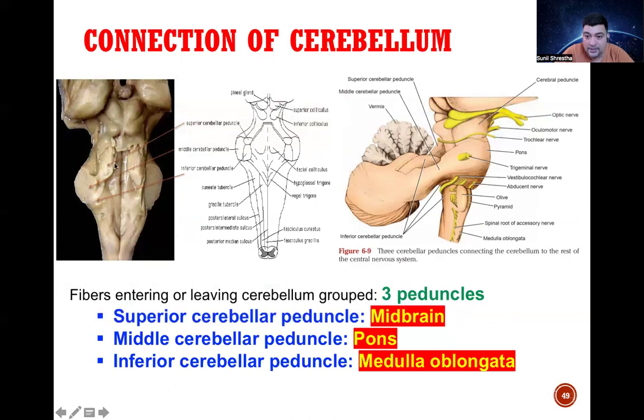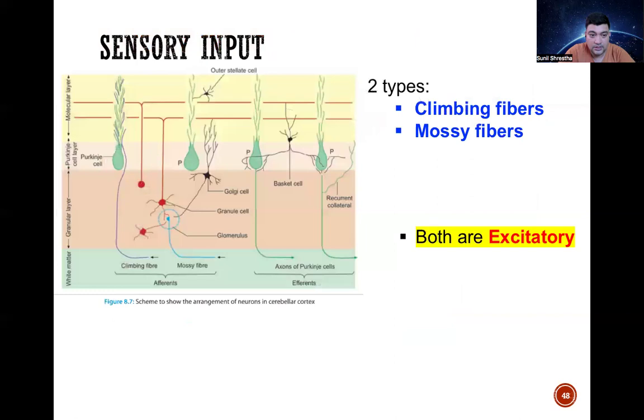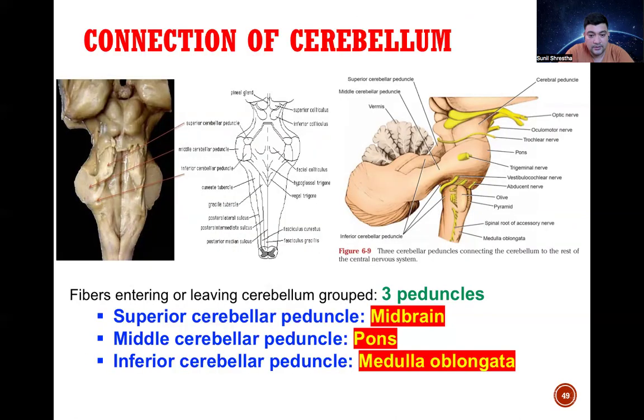The superior cerebellar peduncle is responsible for the connection with the midbrain in the above part, the middle with the pons, and the inferior cerebellar peduncle is responsible for the connection with the medulla oblongata. So these are the three.